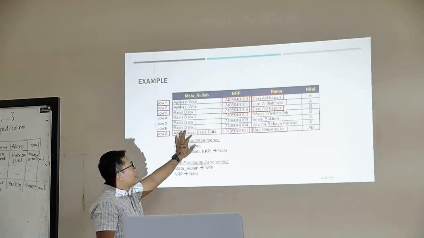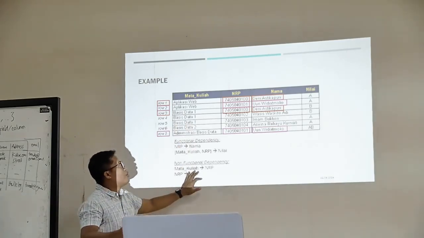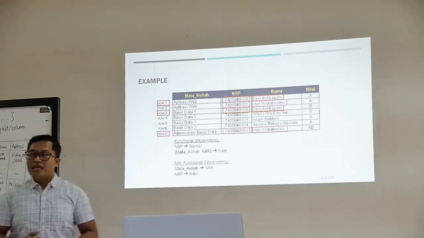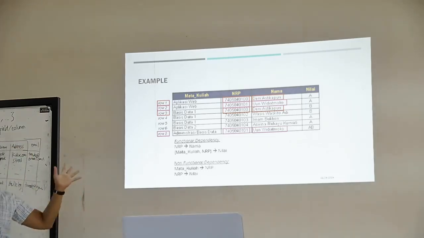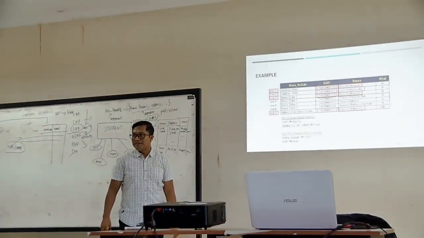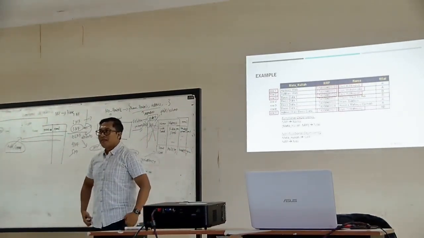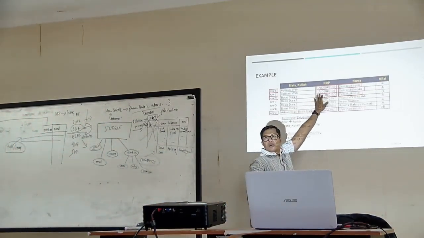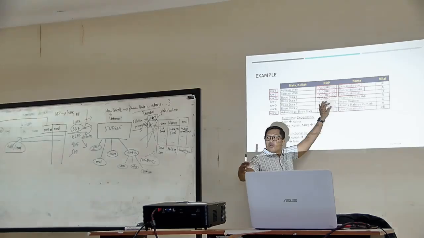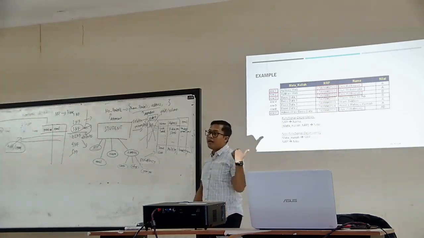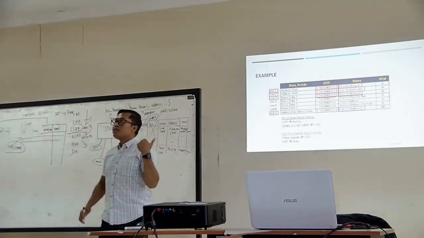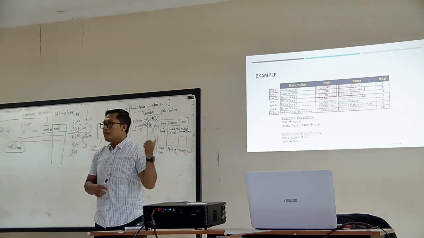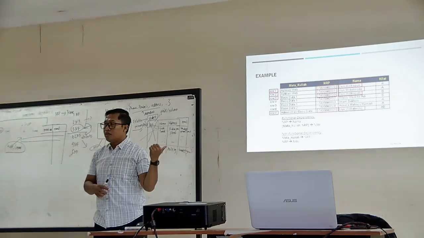Okay. How do we know that Deni Astika Putri will have grade A in aplikasi web? We cannot just use the NRP, because one NRP can have more than one mata kuliah. Right? So we need to combine the NRP with another attribute.